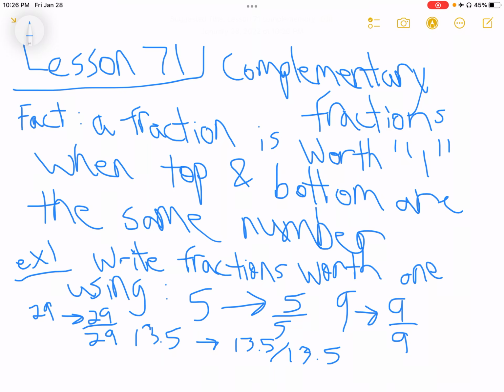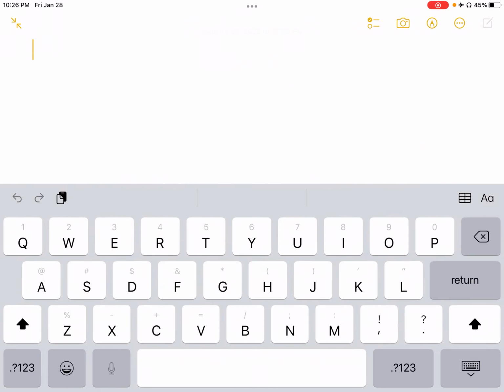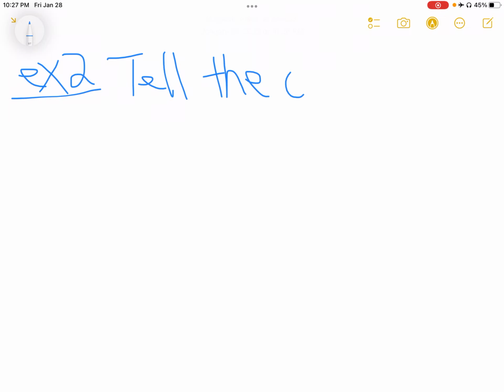Okay, so the next part of this is talking about complementary fractions. So if we're going to do this, we'd say example 2, and we're just going to say tell the complementary fractions.